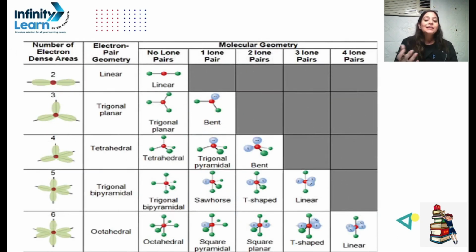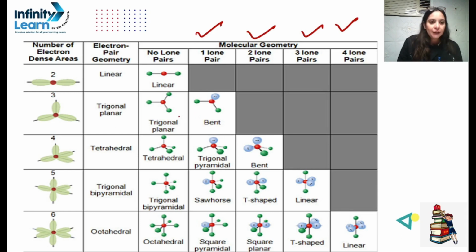They don't have lone pairs. But if lone pairs are present, they may be 1, 2, 3, or 4 in number, so accordingly the geometry gets distorted. Okay, for example, let's discuss this chart on the basis of VSEPR theory. If there are two combining atoms with no lone pair, then the geometry is linear.